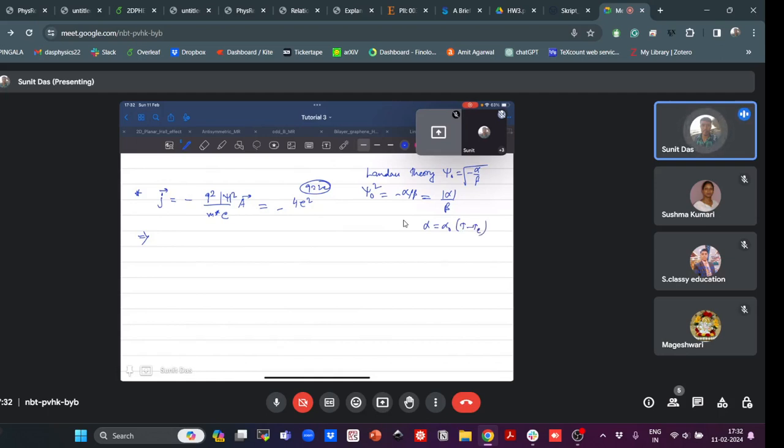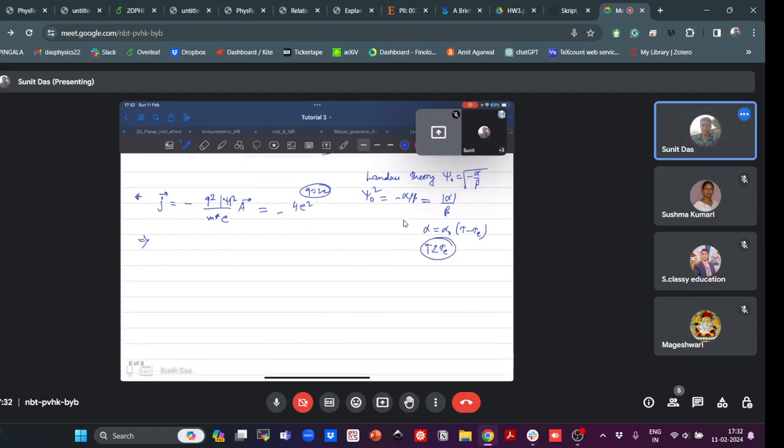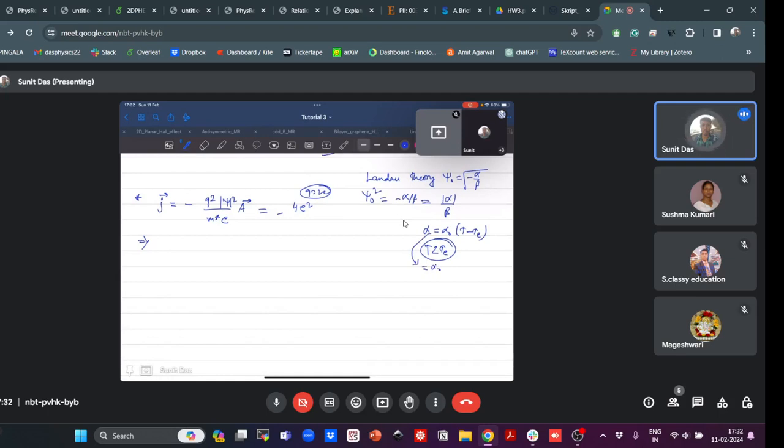And we are always in the t less than tc regime whenever we are talking about all this Landau-Ginzburg theory. So this can be rewritten as alpha 0 tc minus t, so that this effectively is greater than 0. So mod alpha by beta and m star c and a, right?